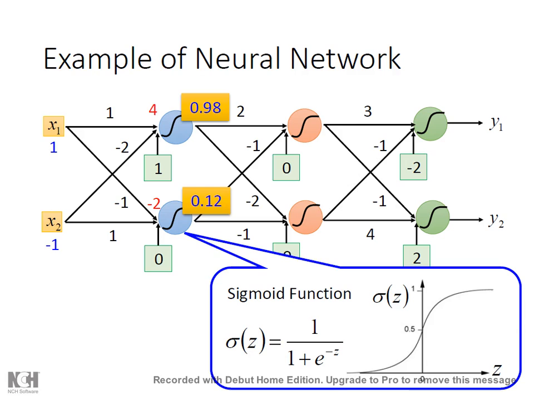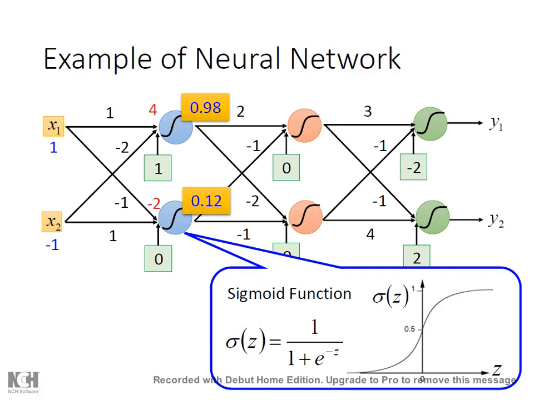You just use the previous equation to summarize. For example, for this neuron, I sum 1 multiplied by 1 plus negative 1 multiplied by negative 2, and also here is the bias. So the summation will be 4, right? Because here is 1, here is 2, and 1. The summation is 4. For the activation function here we use the sigmoid function.